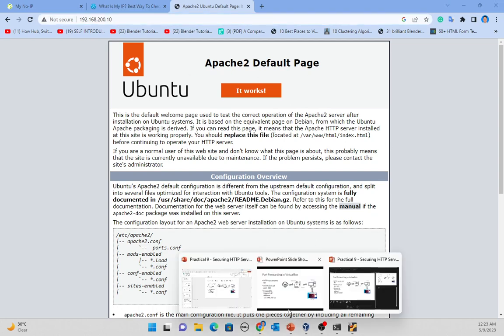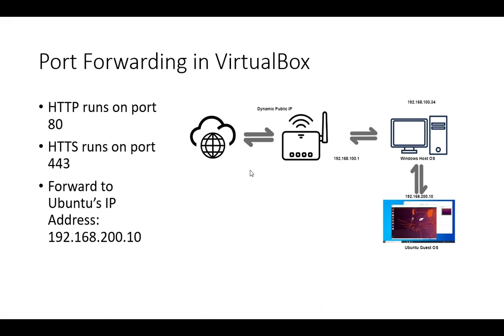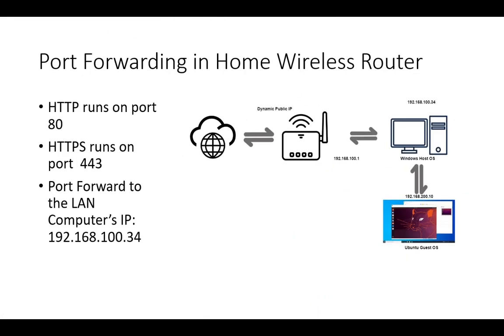Let's now proceed to the next task, which is to port forward the requests. So what happens now? Somebody from the internet will access our public IP, our domain name. It will be translated into our public IP address.